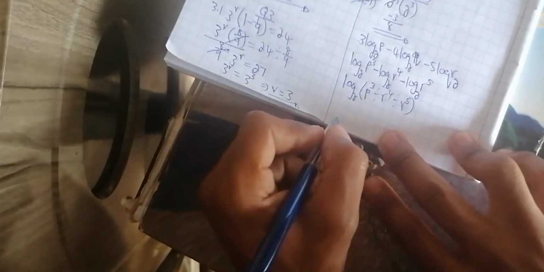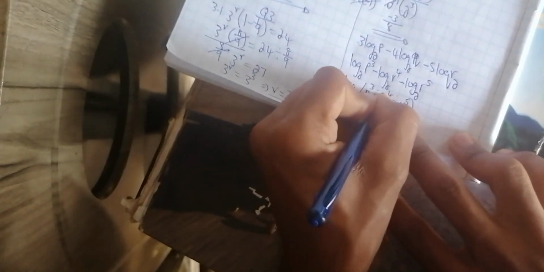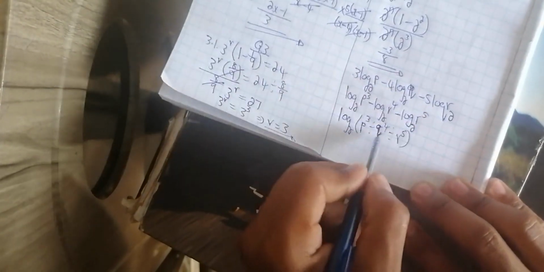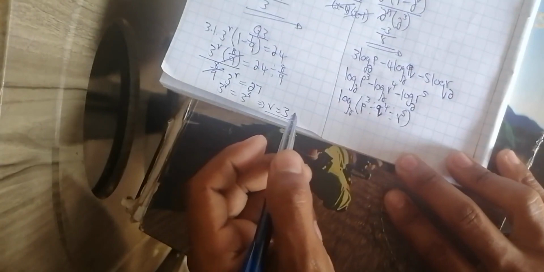Right, sorry, this is Q. I'm sorry, this is Q. It's PQR. And then from here, what is it that I can do?